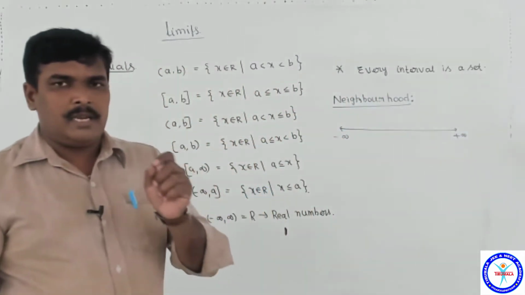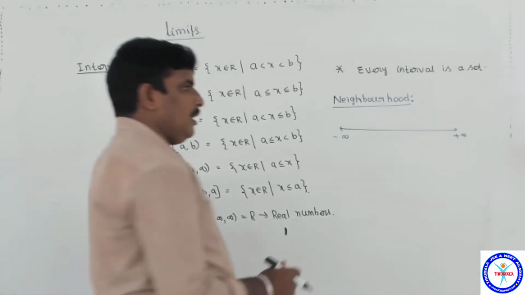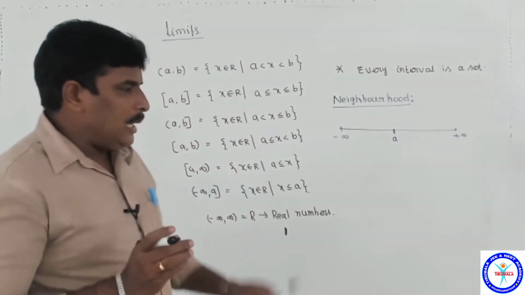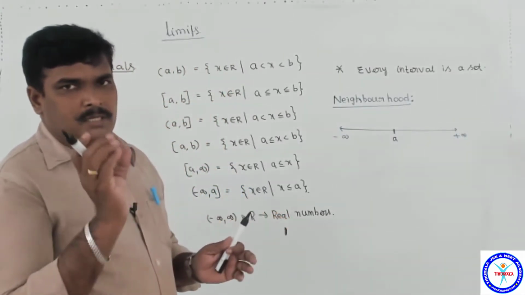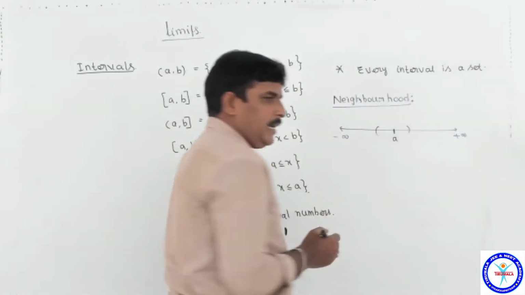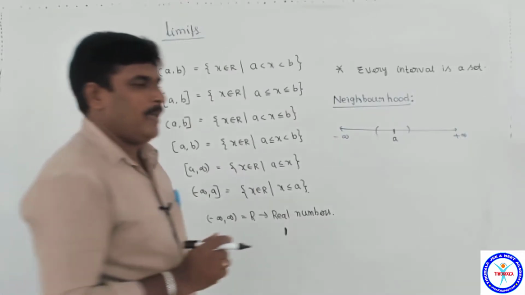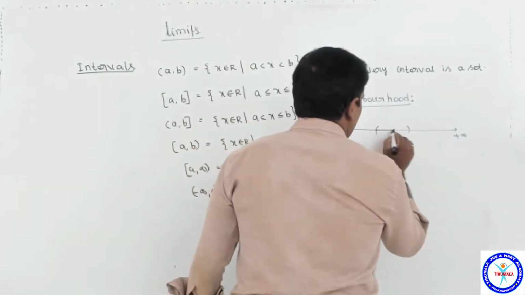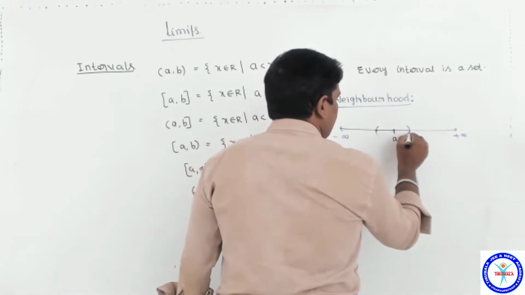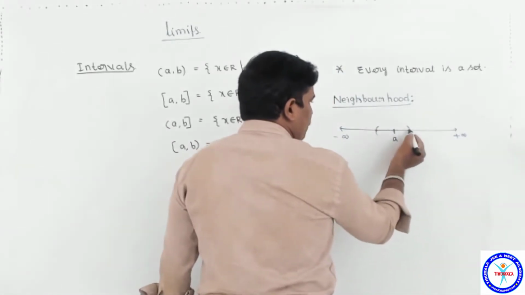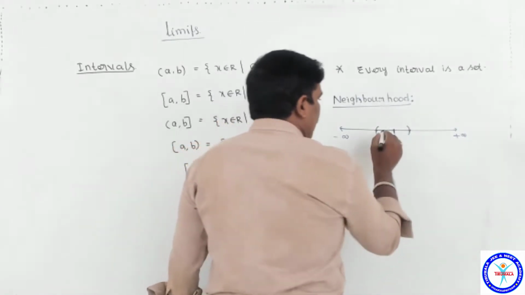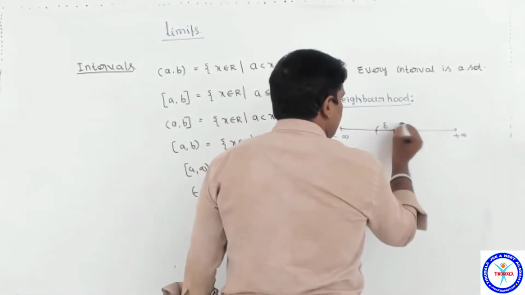Let us take an element on the real line, this is the point a. Neighborhood means it is the set of all points from left and right at equal distance. Suppose these two points are at equal distance from a, from left and from right. Let us take this distance as delta.